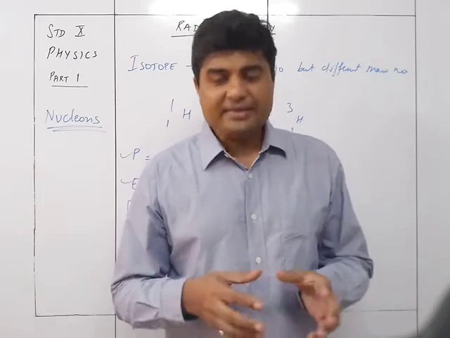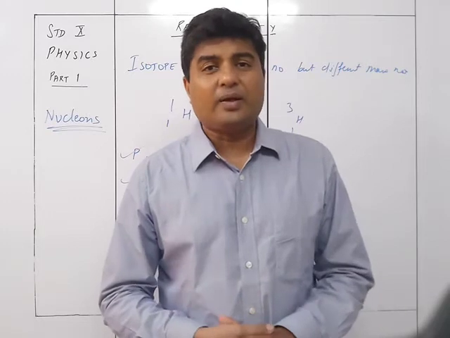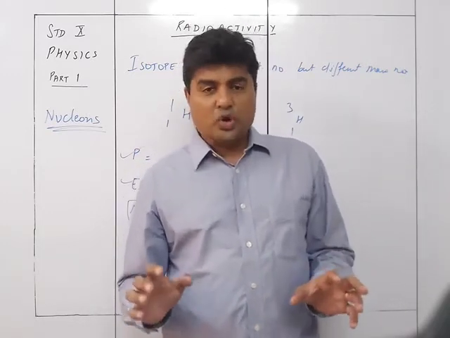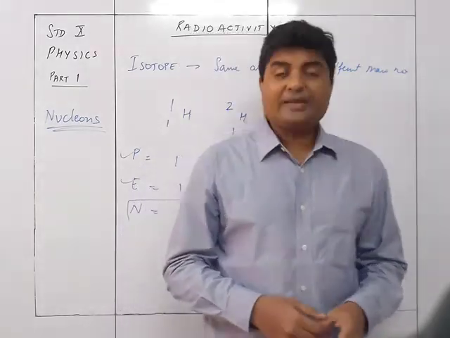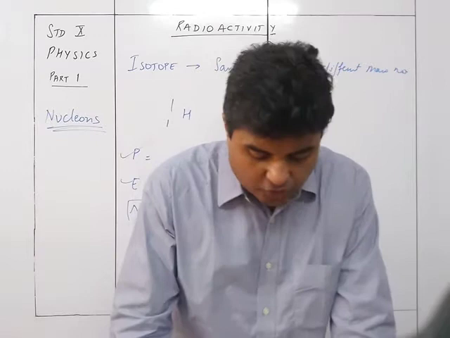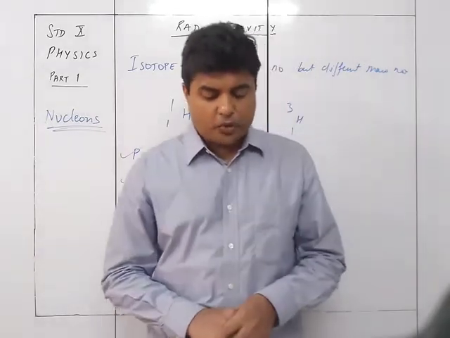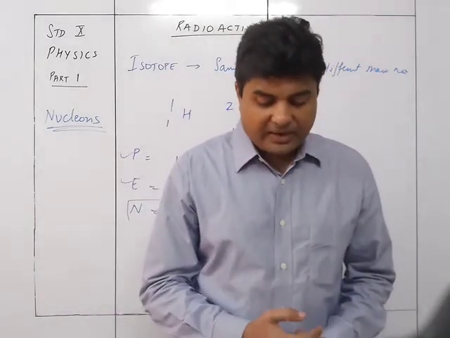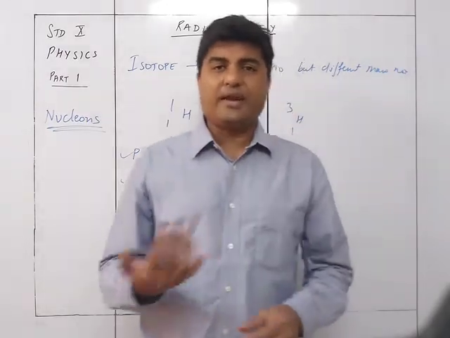It is seen that stable isotopes have a number of neutrons nearly equal to the number of protons, whereas unstable or radioactive isotopes have a number of neutrons much more than the number of protons in the nucleus. They undergo radioactive decay and are of great medical and industrial use. So that is what we are studying over here, the radioactive part.